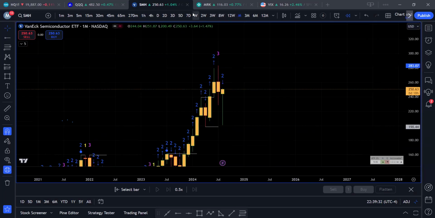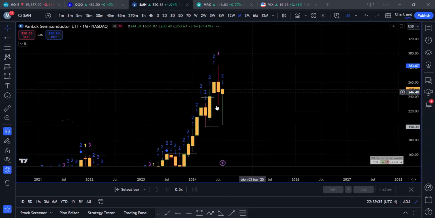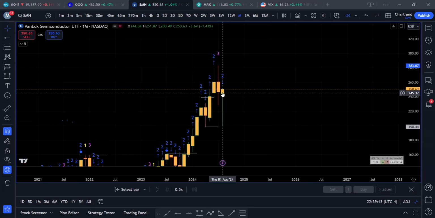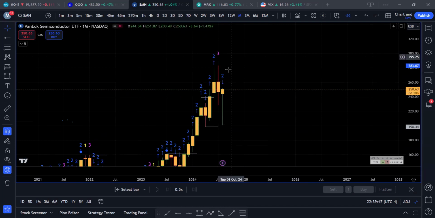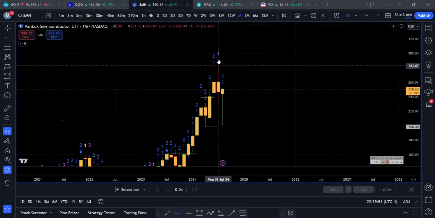But the higher time frames are telling me that they want to go higher. Obviously the month is not over, we still have a couple of weeks left. But if price continues to behave like it has been, we're set up for a 3-2-2 rev strat to the upside and probably eventually take out this high.